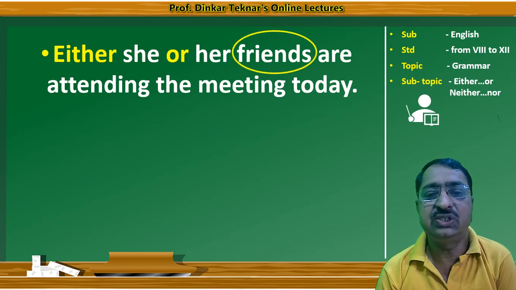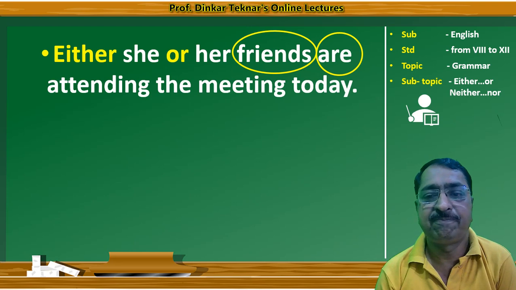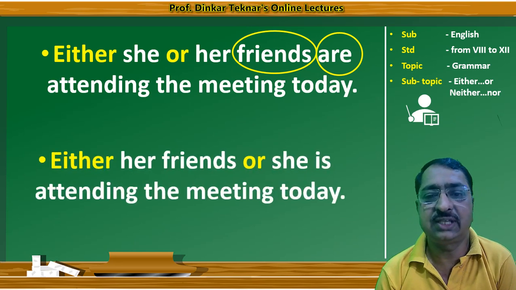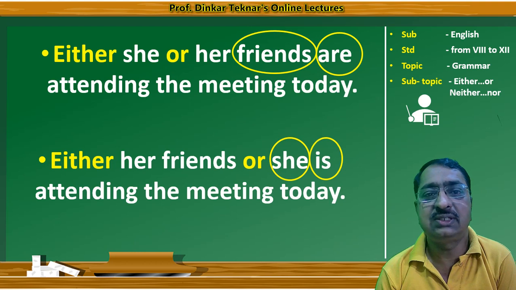Here friends is a plural subject, so are is a plural verb used with friends. Look at the second example. Either her friends or she is attending the meeting. So she is a singular subject, so is is a singular verb used with she.